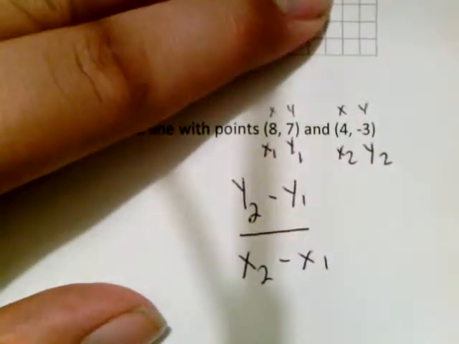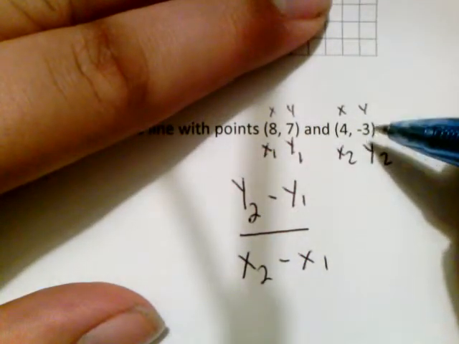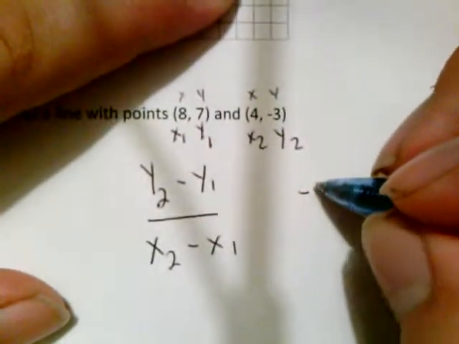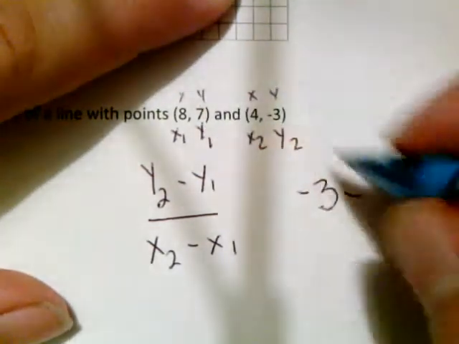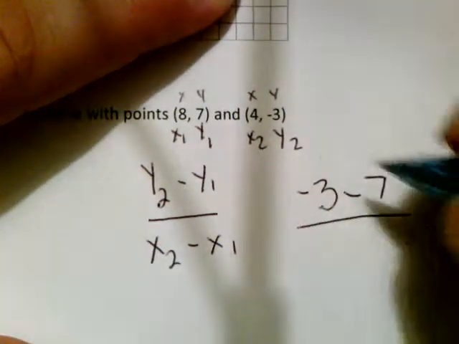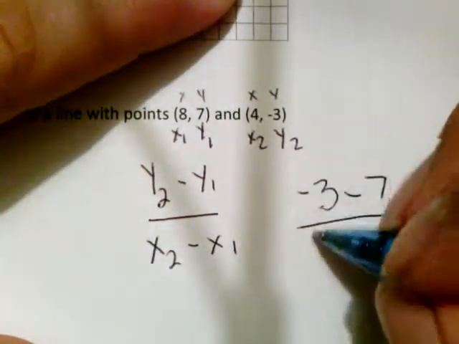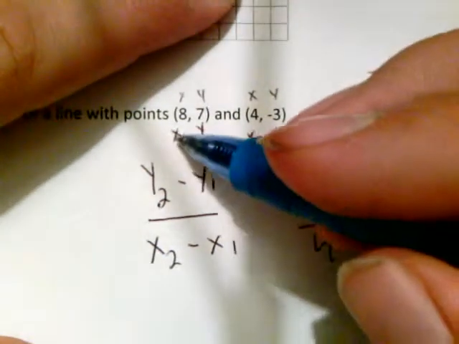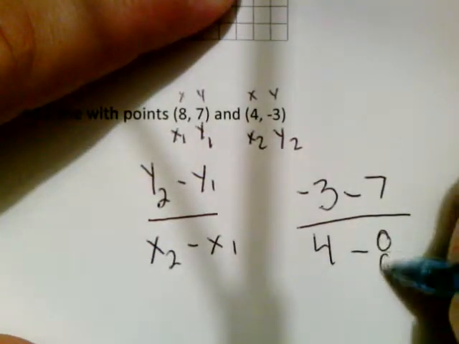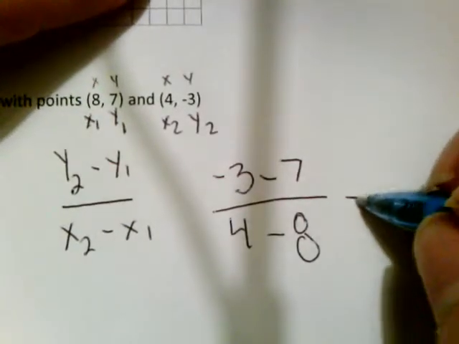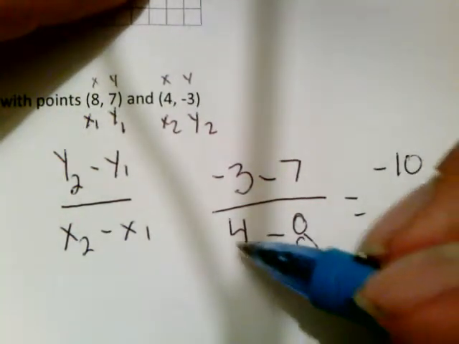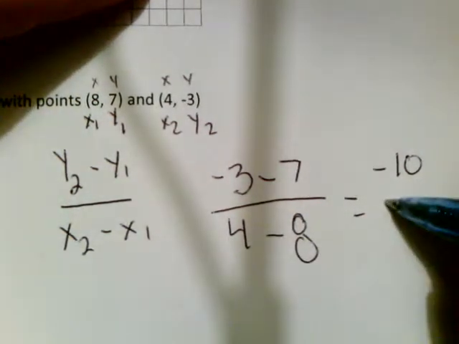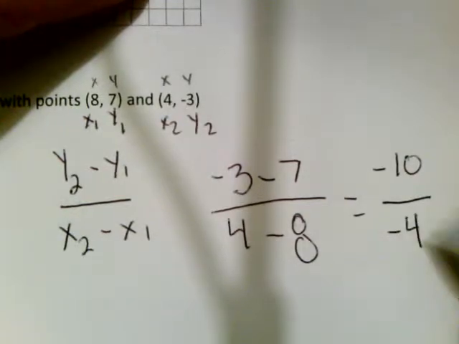So when we plug into this formula, we're going to get -3 minus y1, which is 7, all over x2, which is 4, minus x1, which is 8. So, negative 3 minus 7 is negative 10. 4 minus 8 is negative 4.